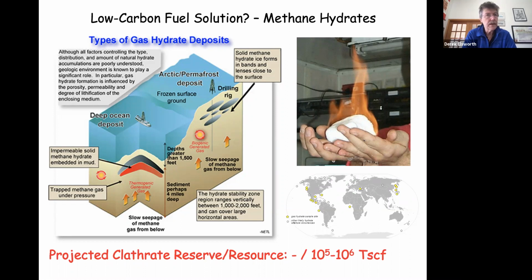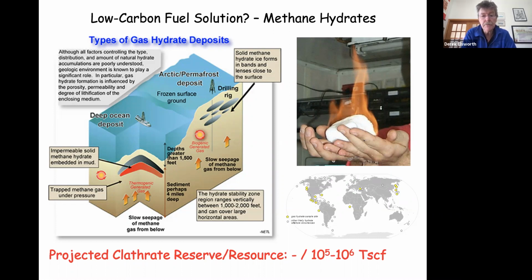Double-edged sword is that the reserve is huge. You see on the bottom of the figure, it's something of the order of between 100,000 and a million trillion cubic feet of gas. And so if you need 500 trillion cubic feet of gas to run the world for a year, you're talking about 2,000 years of supply to run the world.